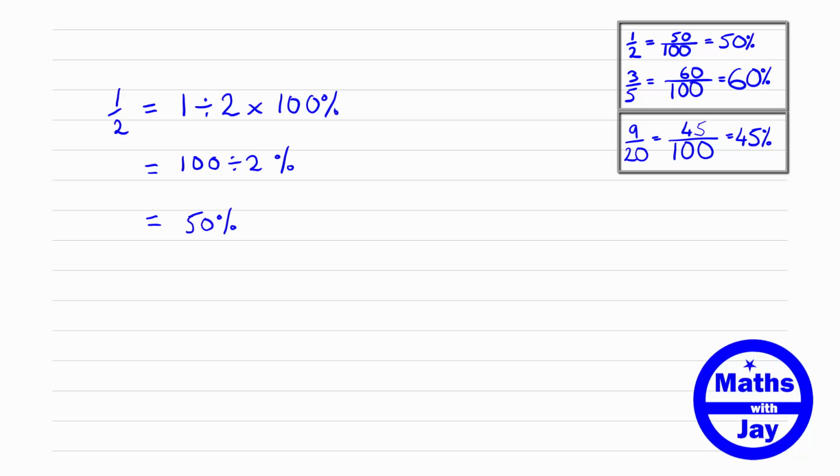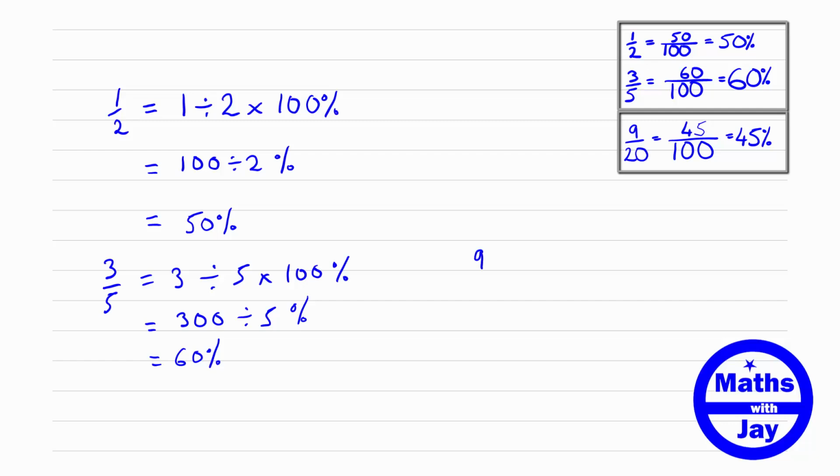We could do the same sort of thing with the 3/5. We could think of that as 3 divided by 5 times 100%. Then 3 times 100 is 300, divided by 5, and 300 divided by 5 is 60%. And we could do the same with 9 divided by 20, that's 9 divided by 20 times 100%. Let's just do it for completeness, shall we?